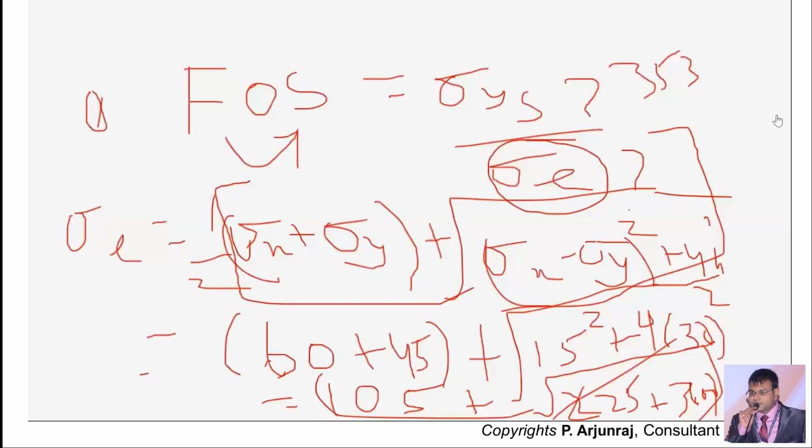So this is the answer for the first problem: find the factor of safety using the maximum principal stress theory.